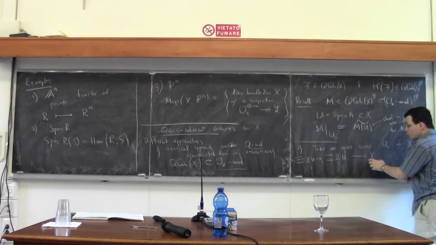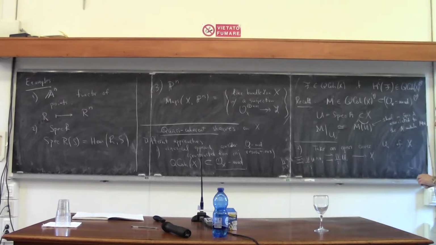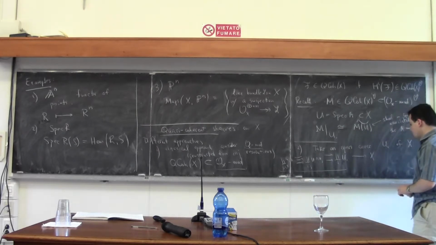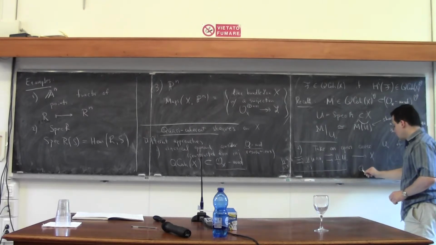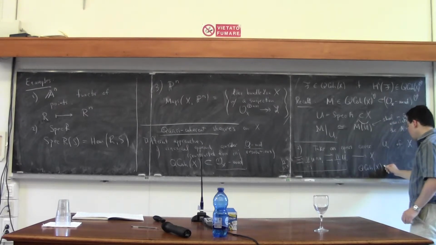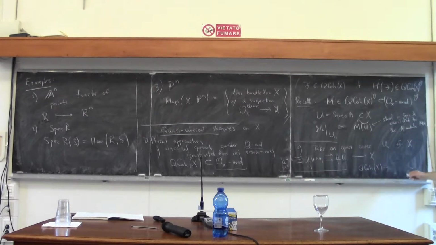In a way, this gives us a sort of simplicial resolution of X, and we can define the quasi-coherent sheaves on X as the inverse limit of quasi-coherent sheaves on this diagram.